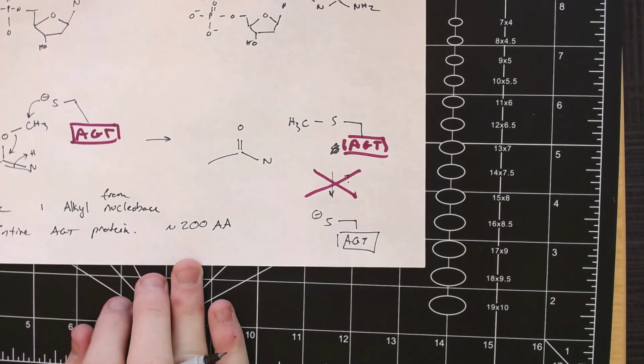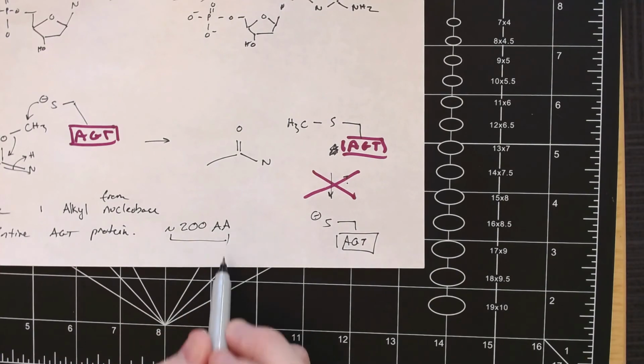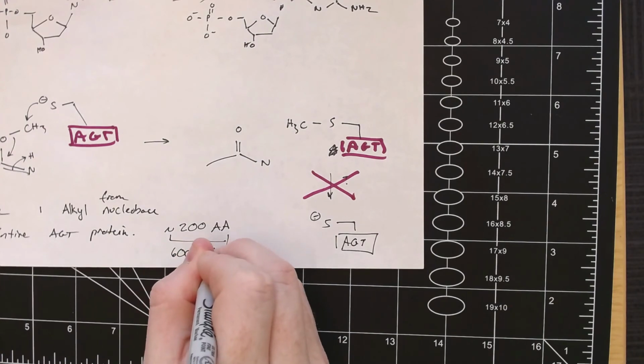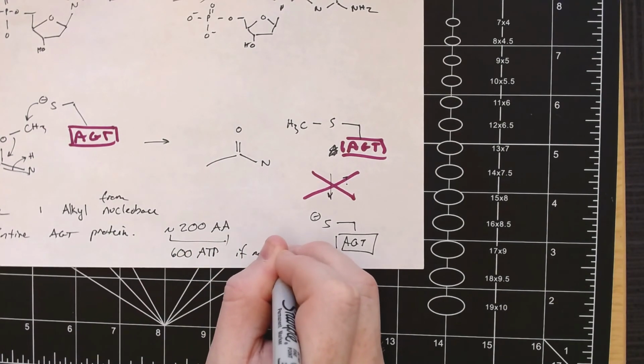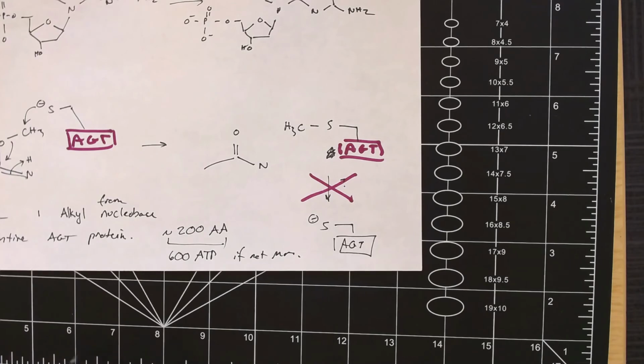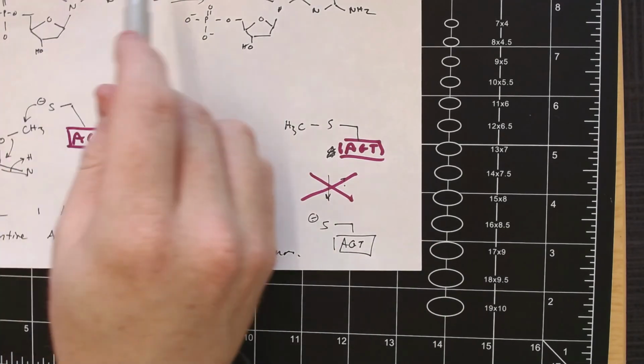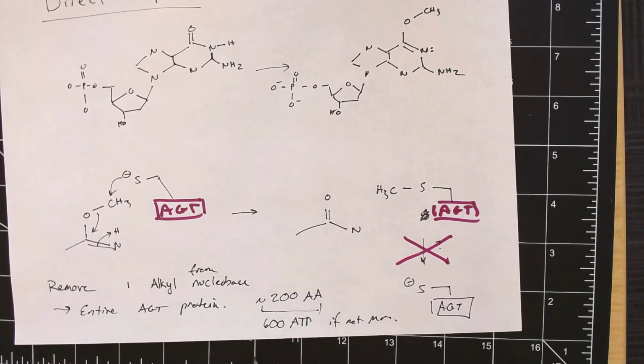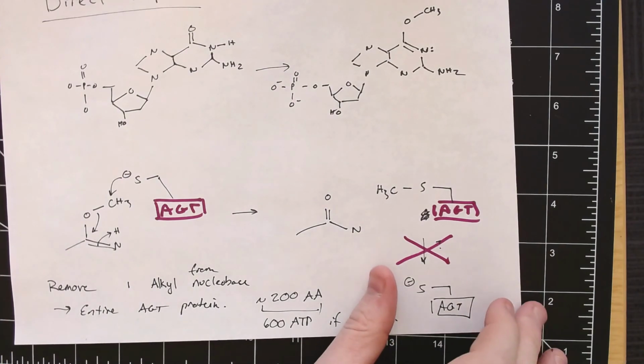And as you will learn later on, the cost of making this protein is going to be at least 600 ATP, if not more. Okay? And so this one type of repair, this direct repair, is actually going to cost a huge amount of energy because it requires us to make a new AGT protein every single time that we do this. Okay? So direct repair, while looking fiendishly simple, is actually quite expensive.